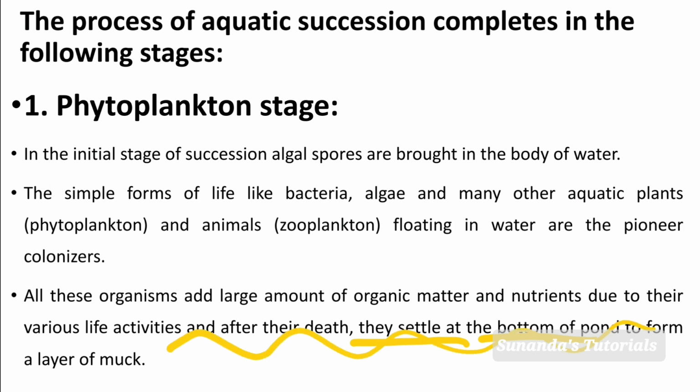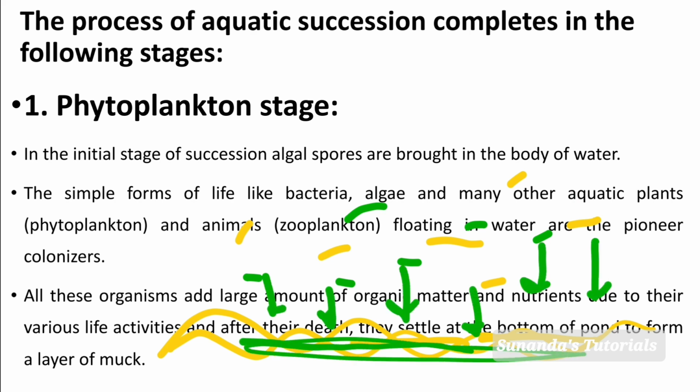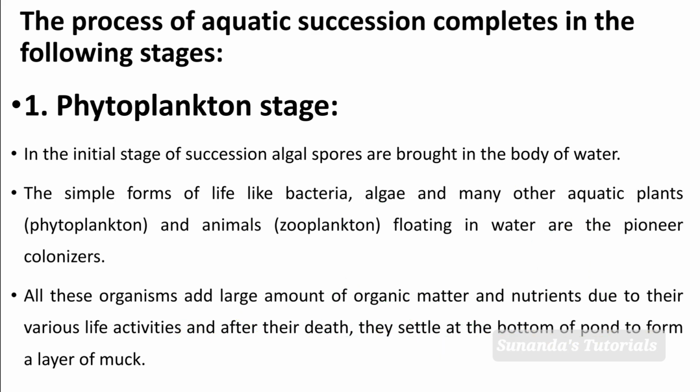So if it is the aquatic ecosystem, they float like this, and when they die, their remains are deposited at the bottom of the ocean or pond or any aquatic form and get accumulated there.